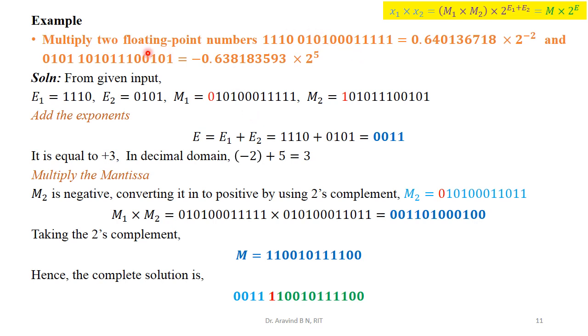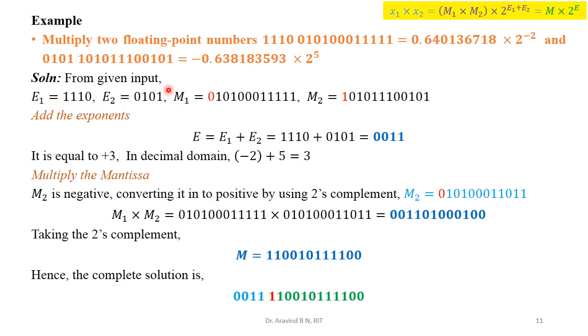The statement: multiply two floating point numbers. This is the first number, and this is going to be the second number. Let us call this x1, and this one x2. Identify the respective exponent and mantissa values. So e1 is a negative value, that is minus 2.